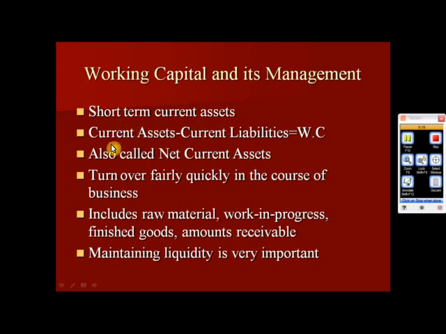Working capital is short-term current assets minus current liabilities, also called net current assets. It turns over fairly quickly in the course of business and includes raw material, work in progress, finished goods, and receivables.